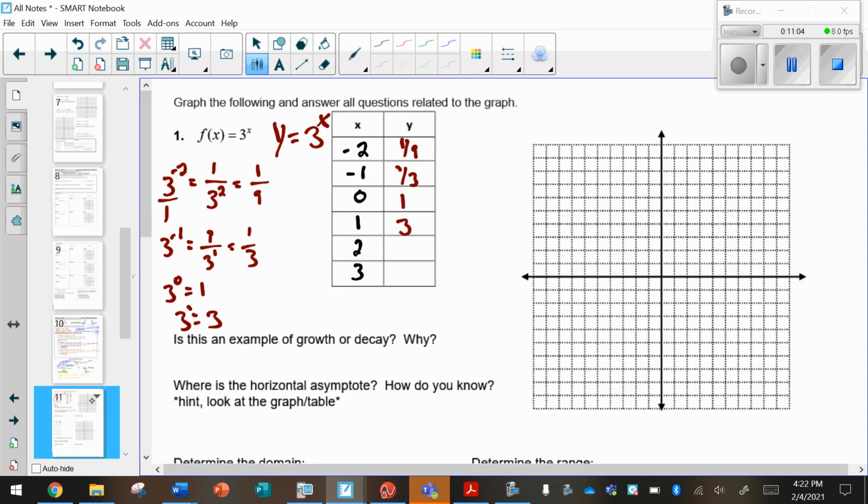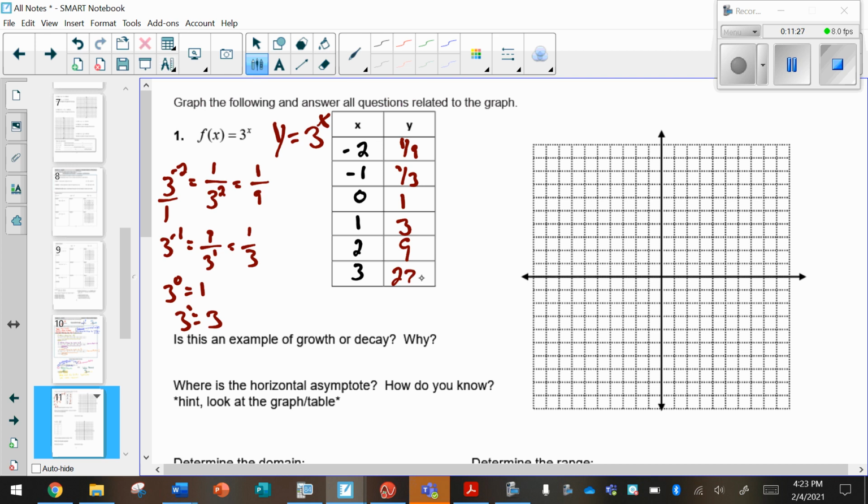So if we know that the common ratio is 3, then we are multiplying times 3 over and over: 1/9 times 3, 1/3 times 3, 1 times 3, 3 times 3, 9 times 3. Oops, 9 times 3 is 27.